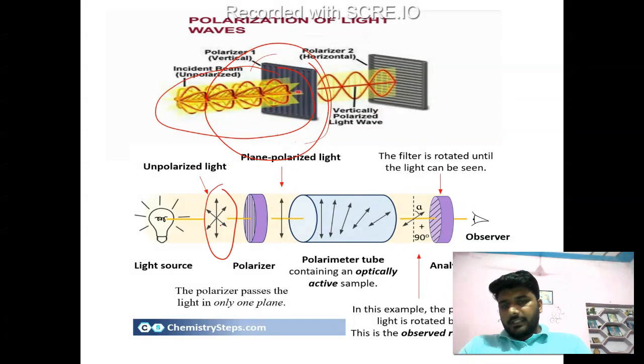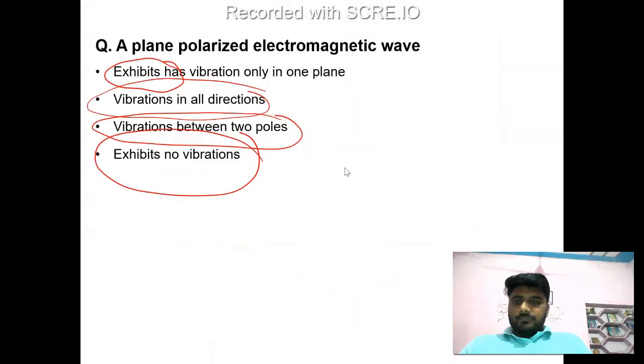If I place a polarizer here, it will allow to pass only the vibrations that are parallel to this plane. That is called plane polarized light. So it will have vibration in one plane only. So the first one is the right answer.